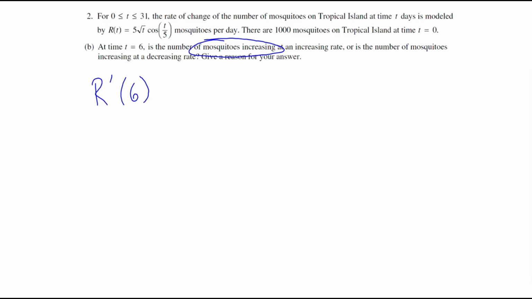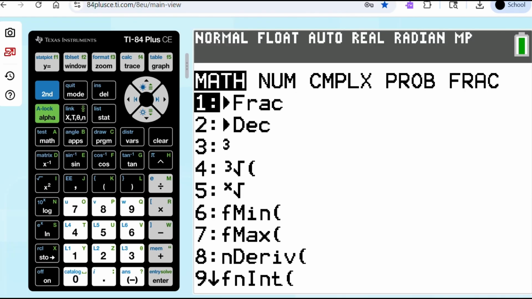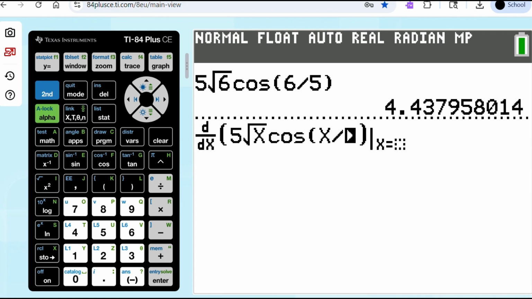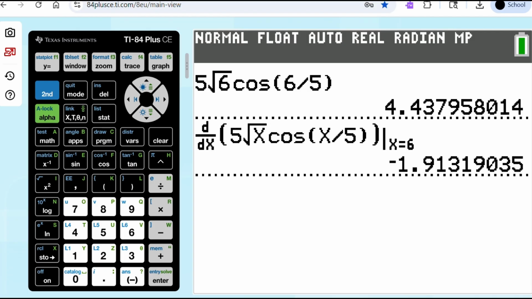To find r prime of 6, we can just use our calculator again. We hit math, go down to option number 8, and take the derivative of our function, entered as r of x, 5 square root of x times the cosine of x over 5, and evaluate that at x equals 6.